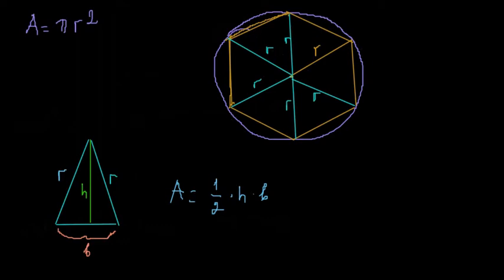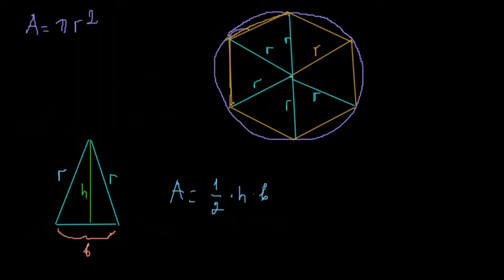If we increase the number of sides of this polygon, as the number of sides n of the polygon approaches infinity, it is going to cover almost the whole area of a circle.